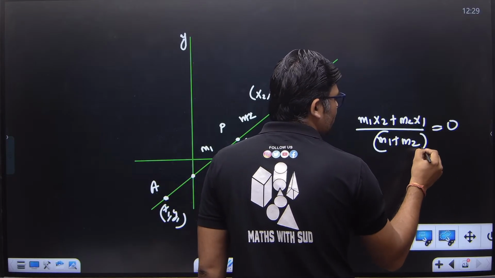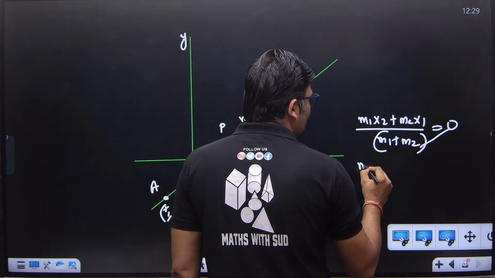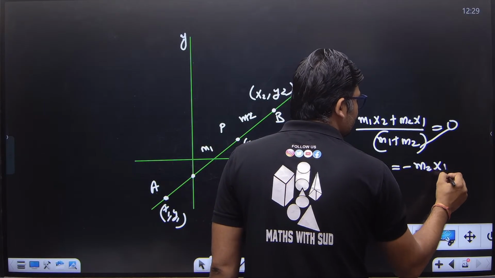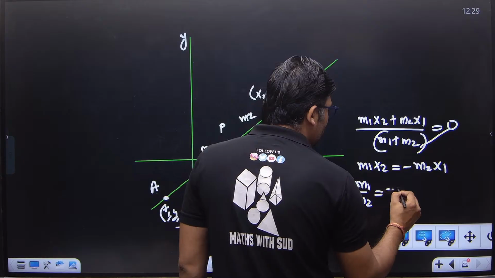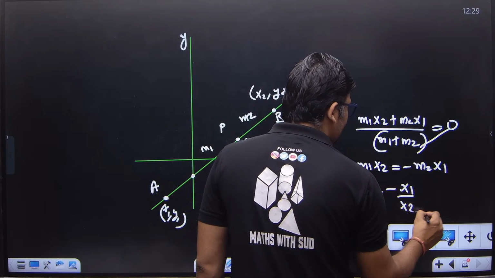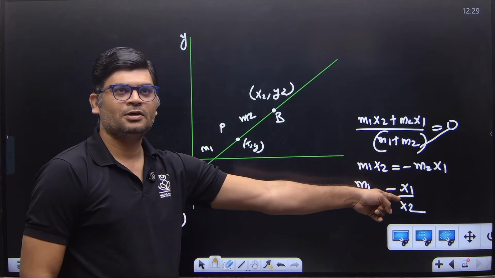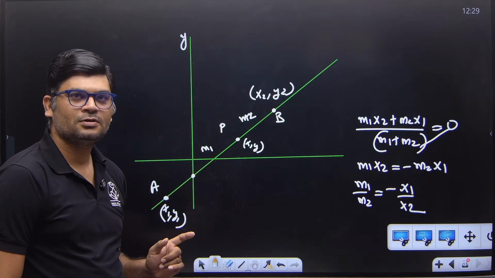So the denominator will get vanished, it will become 0 as well. So you will have m1 x2 is equal to minus m2 x1, and m1 by m2 will be equal to minus x1 by x2. This will be your answer. Just in 2 seconds you will get this. Just find the ratio of these 2 points.